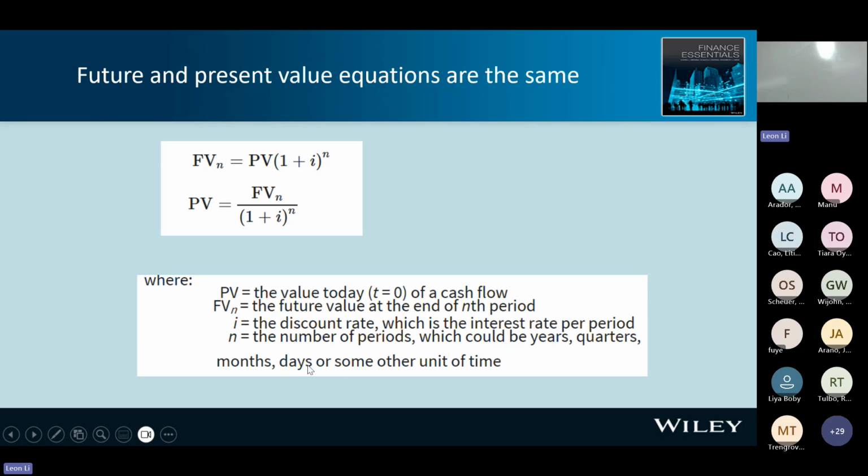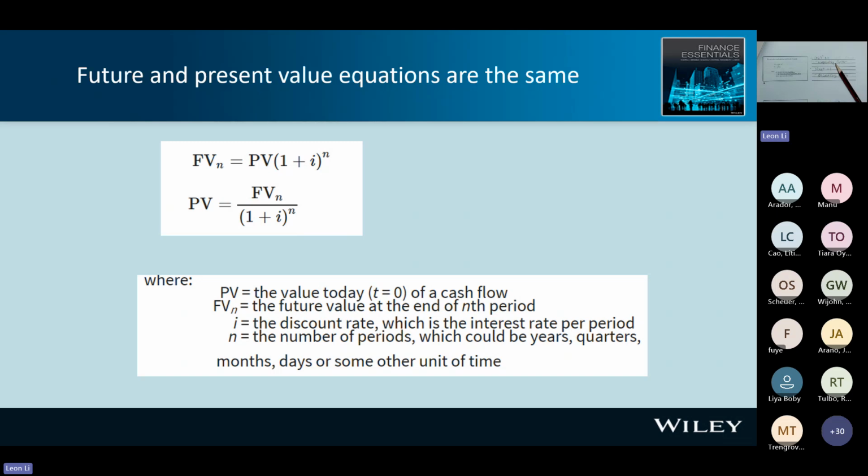All right. Let me make a comparison between future value and present value. When I do the future value, I know this factor, (1 plus i) to the power of n, is the compounding factor. You can see the compounding factor is higher than 1. Again, compounding: money can earn money.